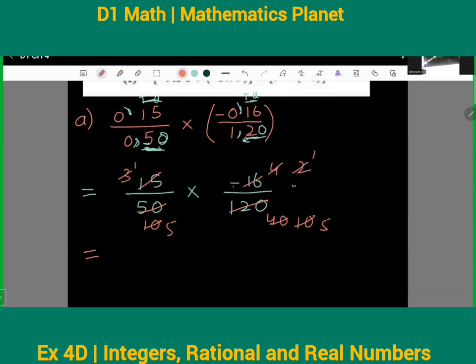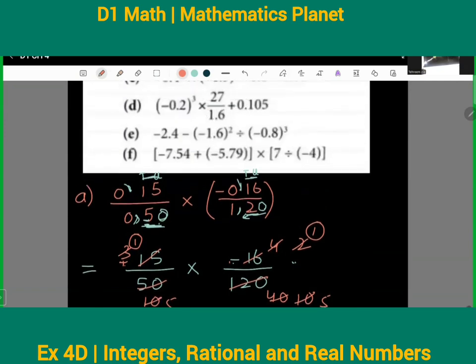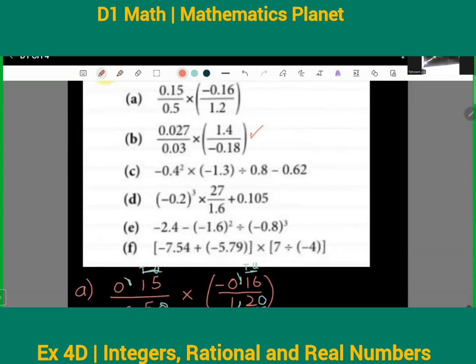In the numerator, you are left with 1 and 1, so 1 times 1 is 1, with plus minus minus. In the denominator, you are left with 5 times 5 is 25. So you got minus 1 by 25. Now all of you can try B part yourself. It will give you a better understanding.